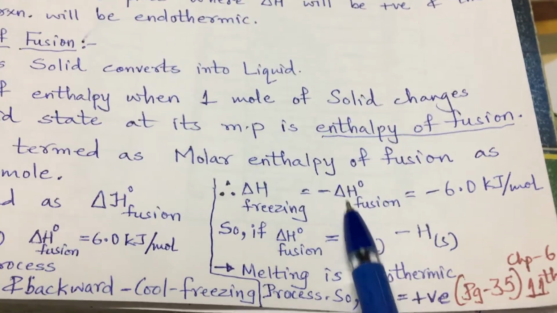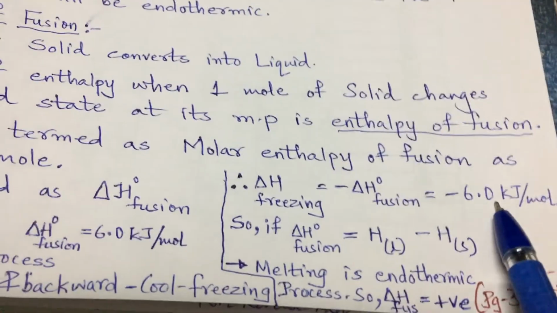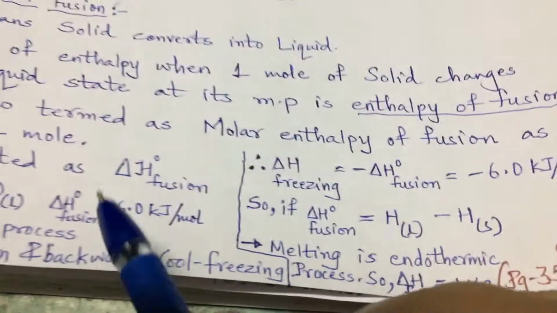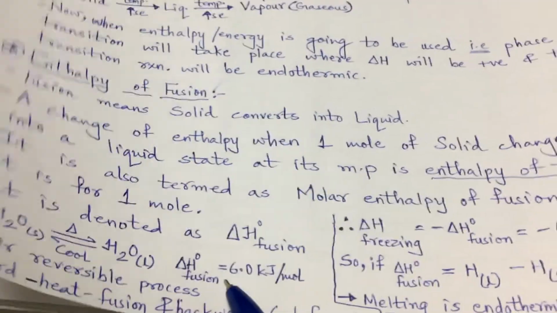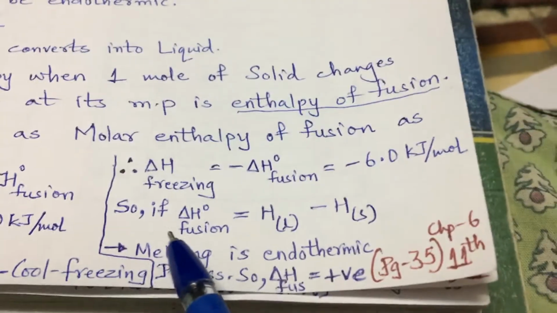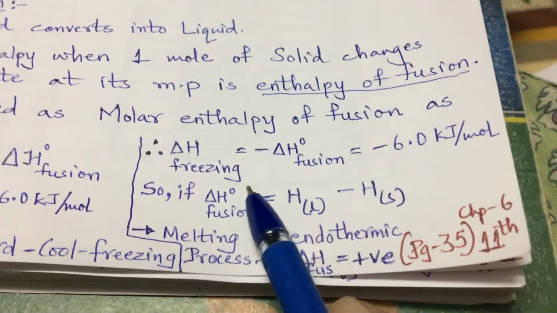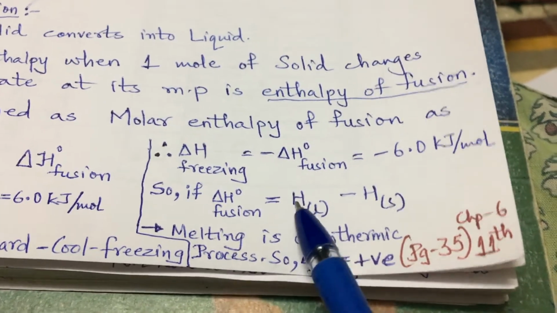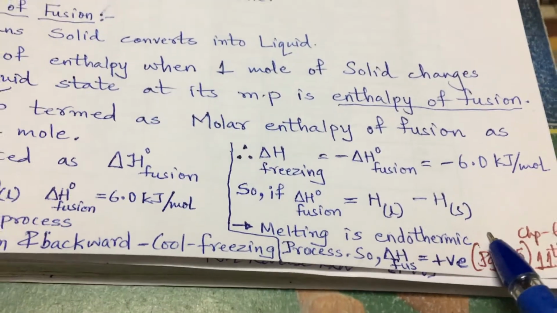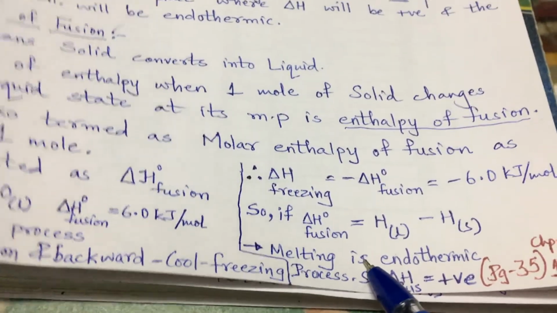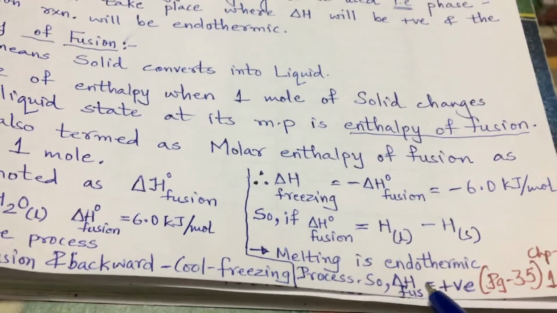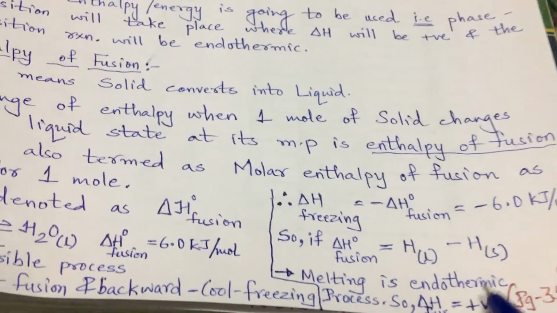Minus delta H fusion, because it is the opposite of fusion, so it will be minus 6.0 kilojoule per mole. Right? So for this particular example, freezing enthalpy is the opposite of 6, so it is minus 6, and we can say that delta H degree fusion is equal to enthalpy of liquid minus enthalpy of solid. And from this we can say melting is an endothermic process where its enthalpy is always positive, right?